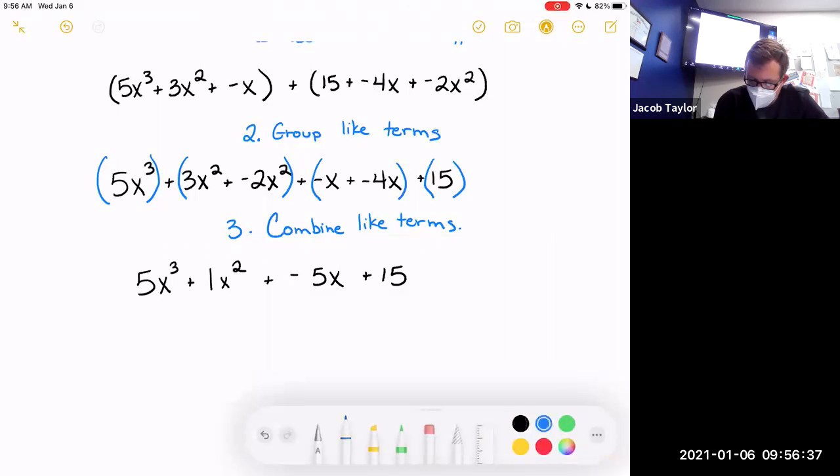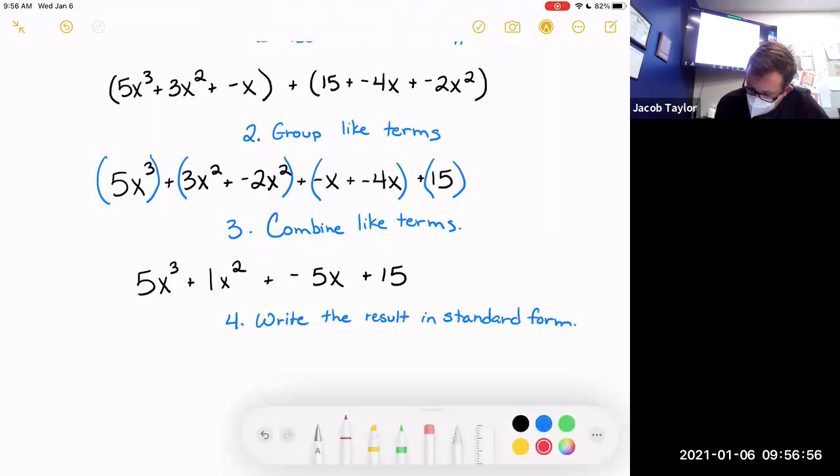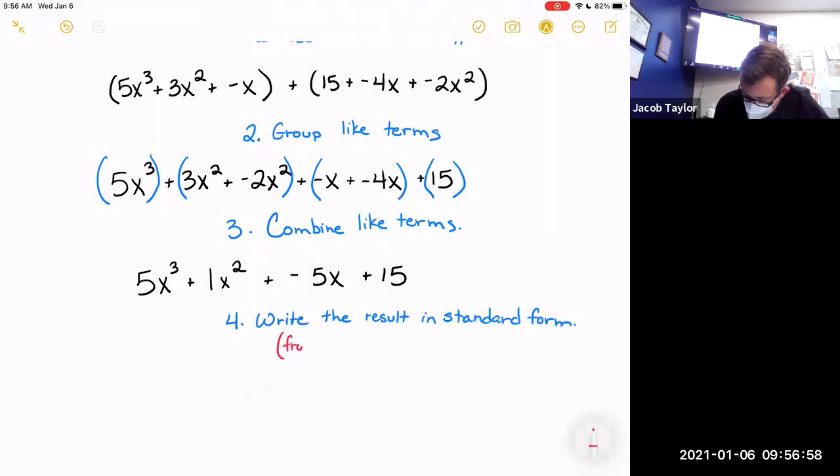There is a fourth step, which is to write the result in standard form, but we already did it. Do you remember what standard form is? Standard form means from highest to lowest exponent.